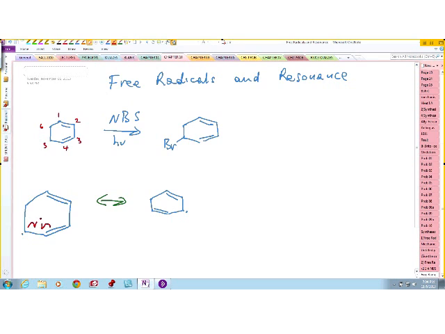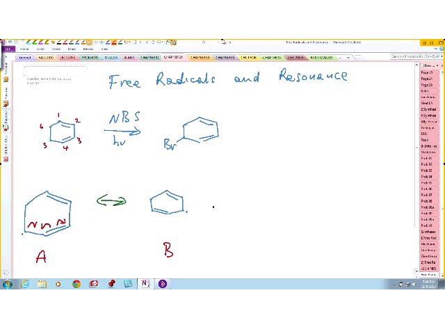This electron also moves here to form a pi bond, and the other electron comes to this carbon here. So now we form this. These two, A and B, are resonance structures.